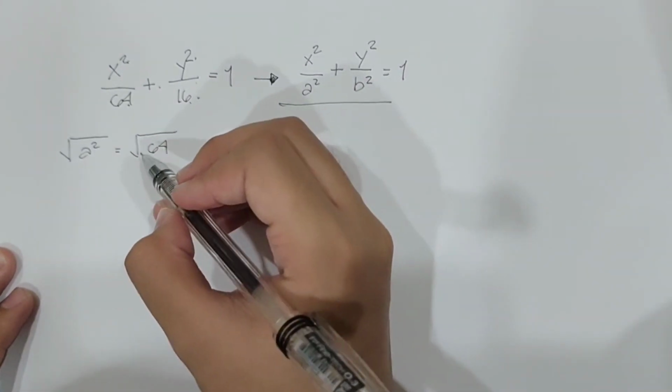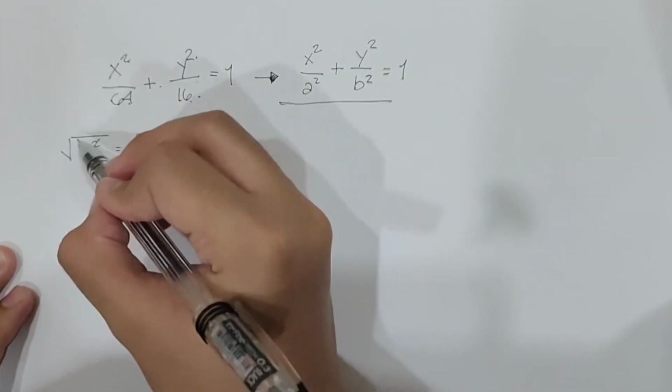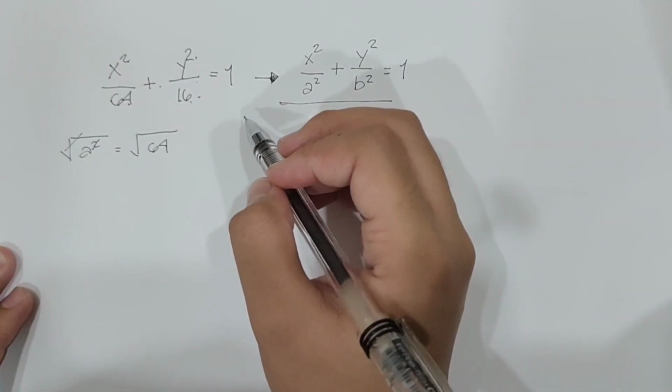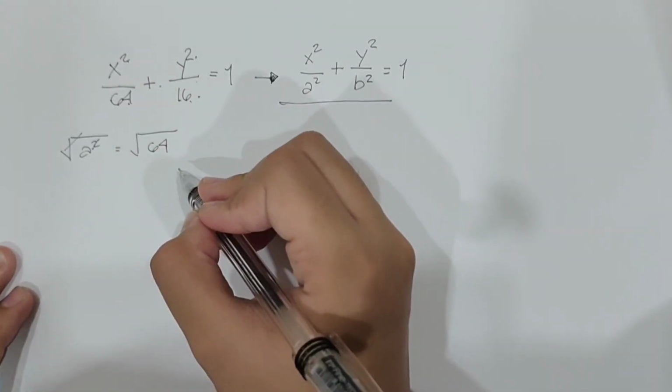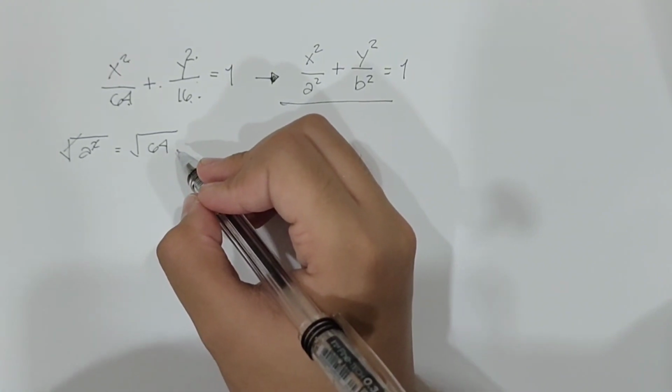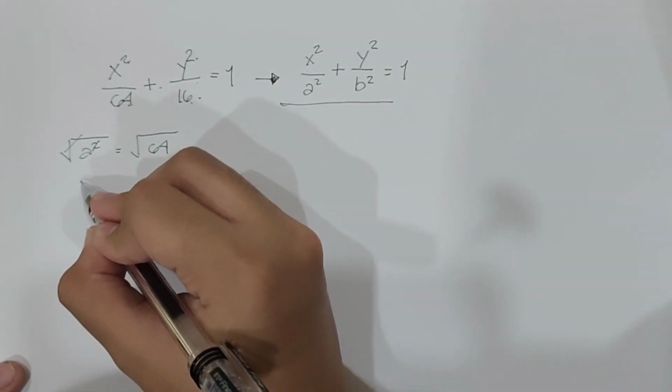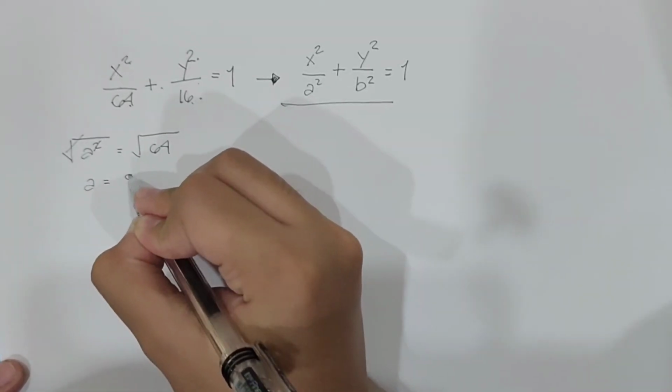Now, how do we solve this? Obviously, you're going to cancel the square and the square root, which leaves you with a. Now, what is the square root of 64? We have a equals 8.